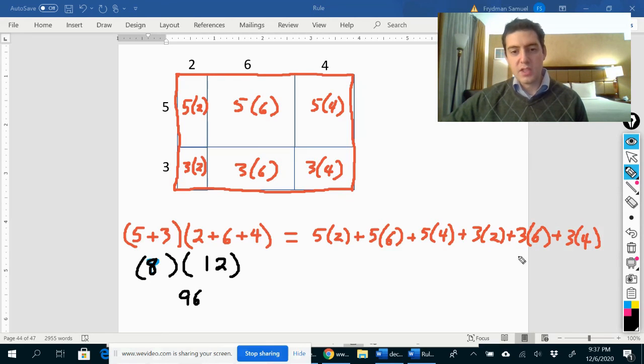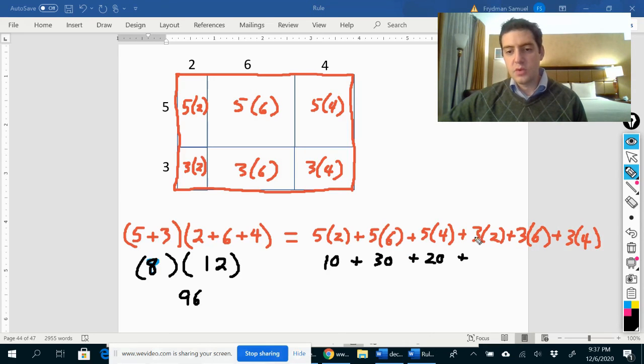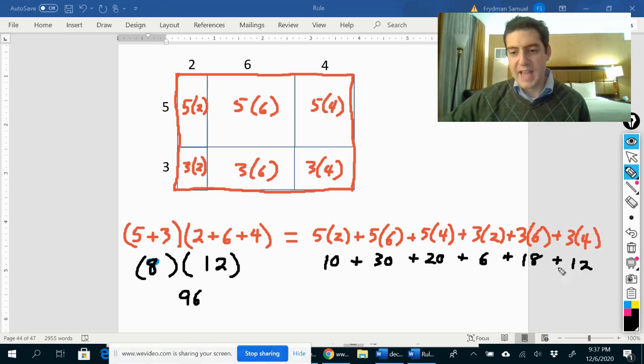What if I do it this way? 5 times 2 is 10, plus 5 times 6 is 30, plus 5 times 4 is 20, plus 3 times 2 is 6, plus 3 times 6 is 18, plus 3 times 4 is 12. And everything is getting added here, so I'm allowed to add the numbers in any order that I want because addition is commutative.